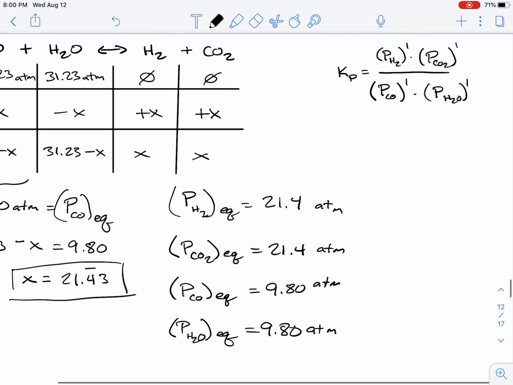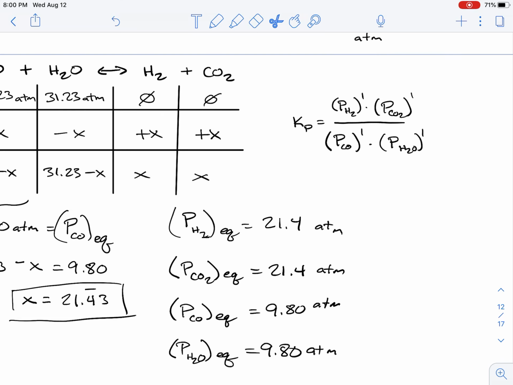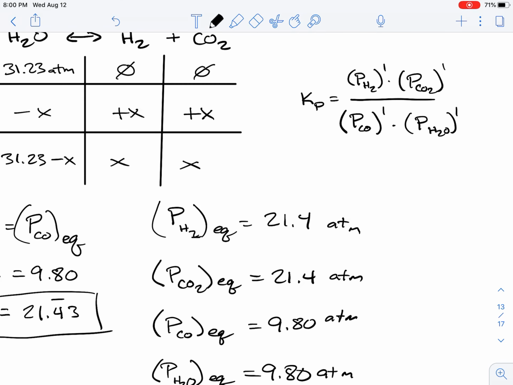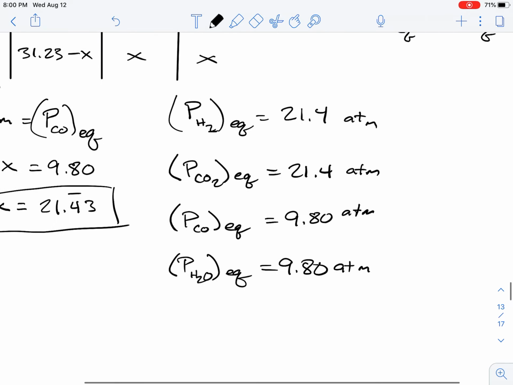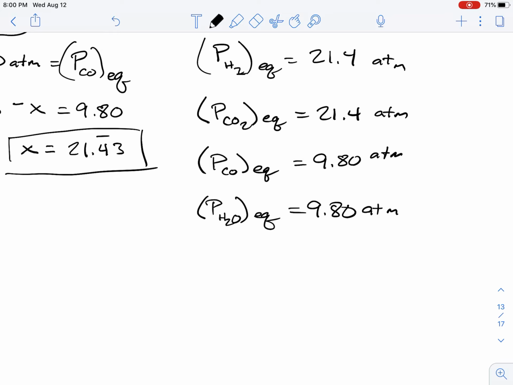Okay. And so now that we have the values of each of these substances at equilibrium, we're just going to go ahead and plug it into this mass action expression. And everything is raised to the first power. So what we have is Kp is equal to 21.4 times 21.4 over 9.8 times 9.8.